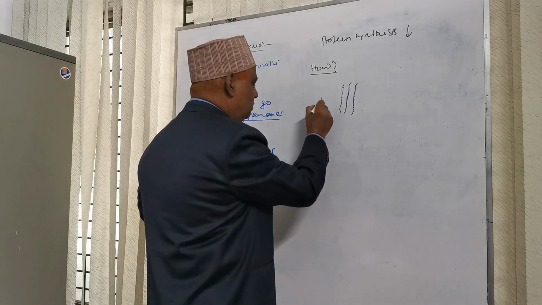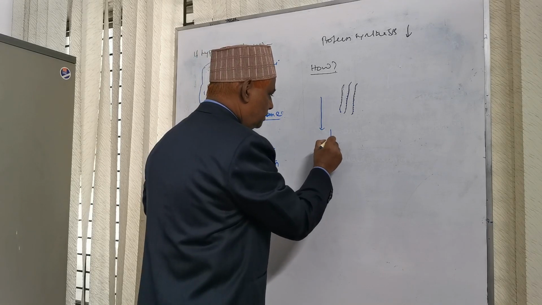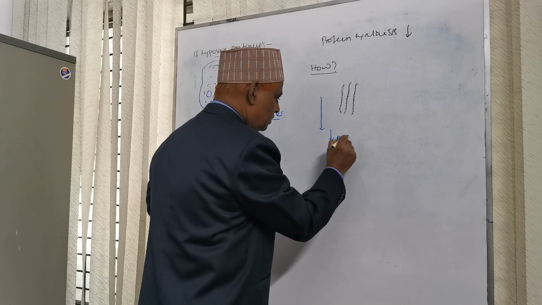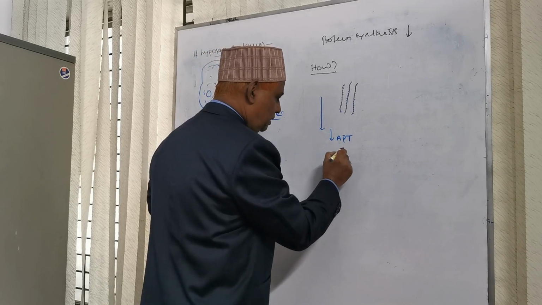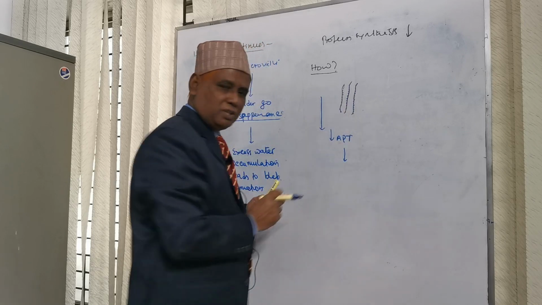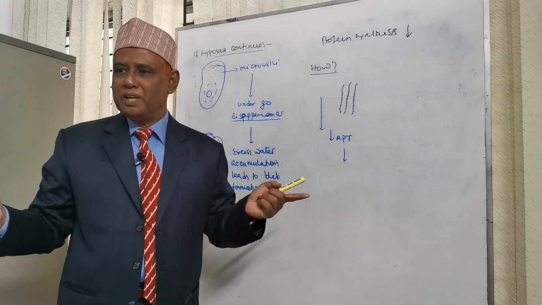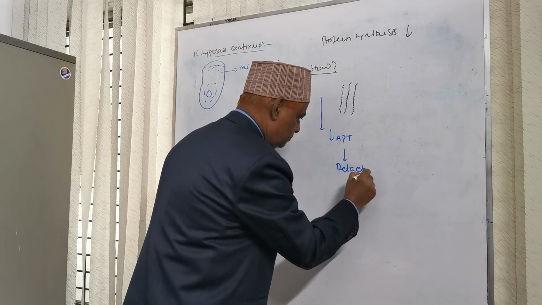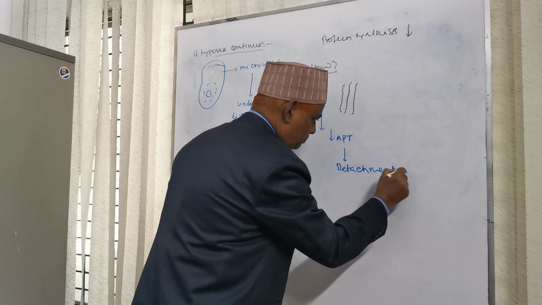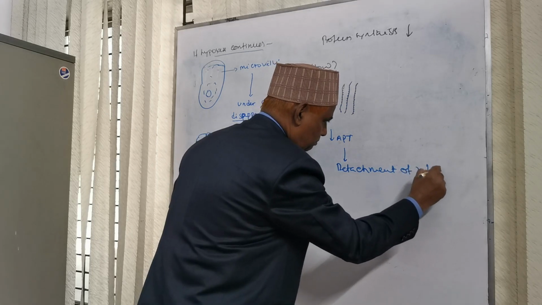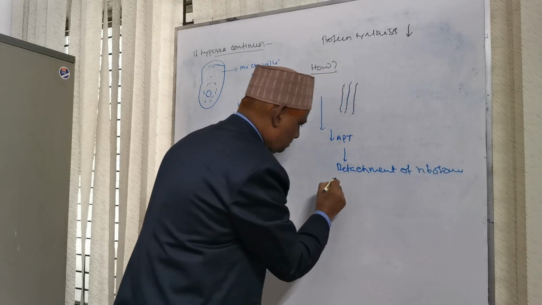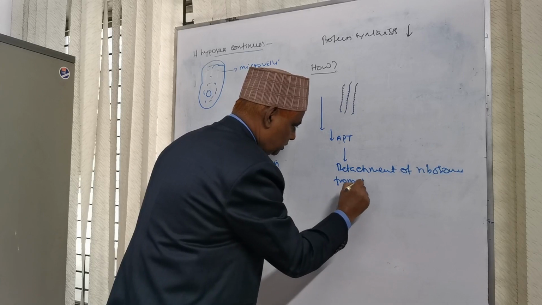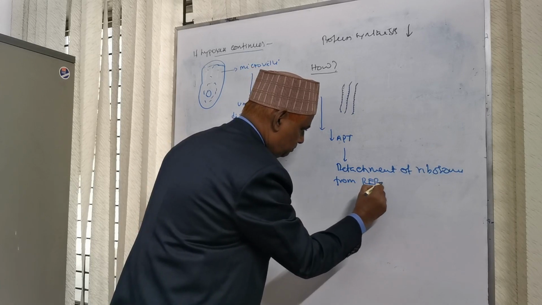What happens if there is decreased ATP? There will be detachment of ribosomes from the rough endoplasmic reticulum.